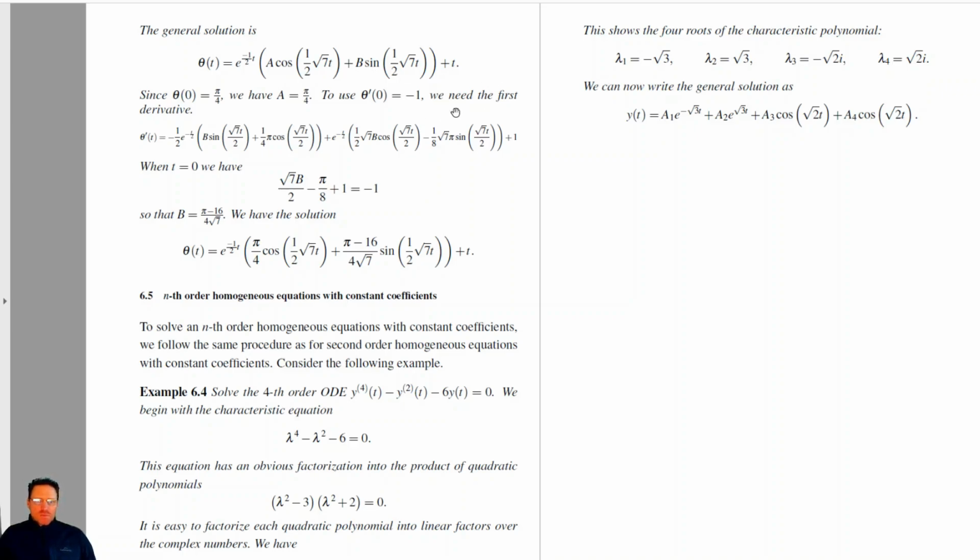All right, so we just sub those in. There's a lot of calculation to do, but we can simplify and then solve for a and b. So we get a value of b, and then we can use that to get our value of a. So that gives us the solution here, which looks a little bit unwieldy.